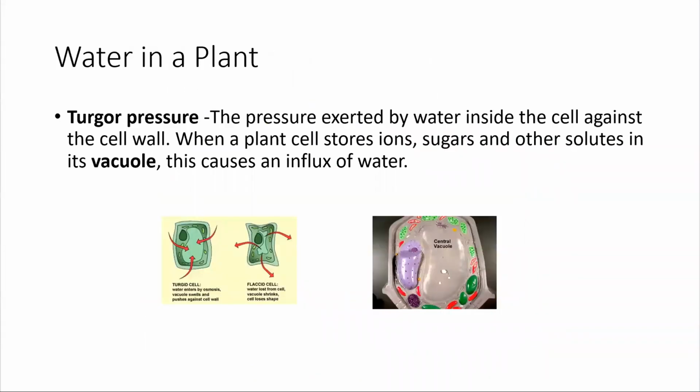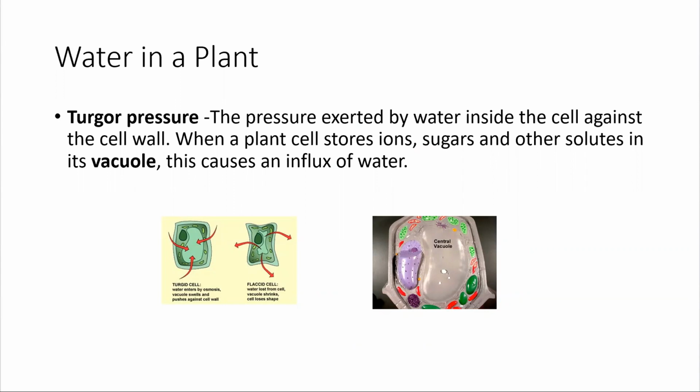Now, in a previous lecture, we talked about guard cells that create the stoma, and when the guard cells are turgid, the stoma is open. When it's flaccid, it is closed.